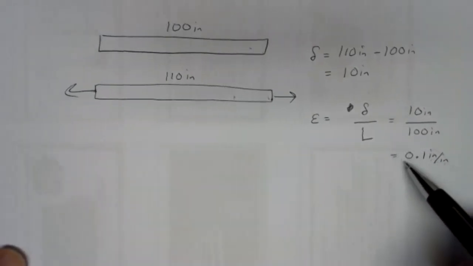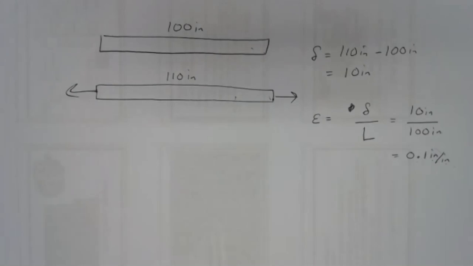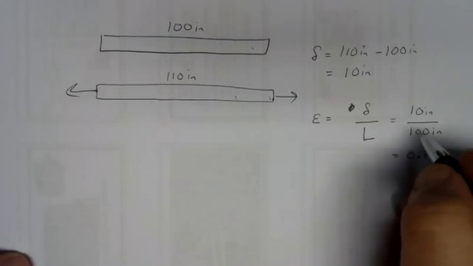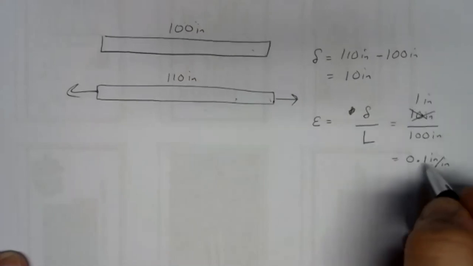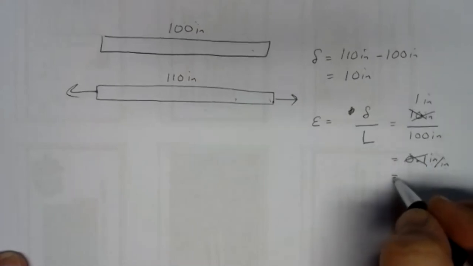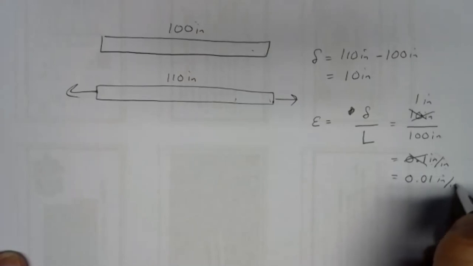So the strain here of 0.1 means that each inch grew by 0.1 inches, and that's a lot of strain. It'd be more realistic to say that this 100-inch member grew by 1 inch. Well, if it grew by 1 inch instead of 10 inches, if we only had 1 inch, then we only have 0.01 or 10 thousandths of an inch per inch.